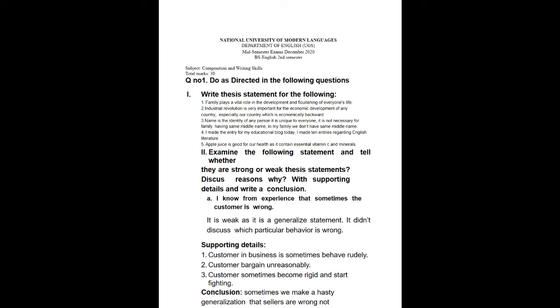The supporting details are: customers in business sometimes behave rudely, customers bargain unreasonably, customers sometimes become rigid and start fighting. And the conclusion is that sometimes we make a hasty generalization that sellers are wrong, not considering that there are instances when customers are found to be wrong.